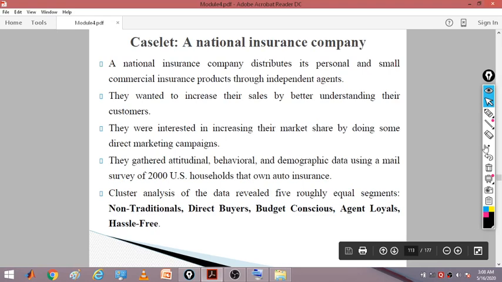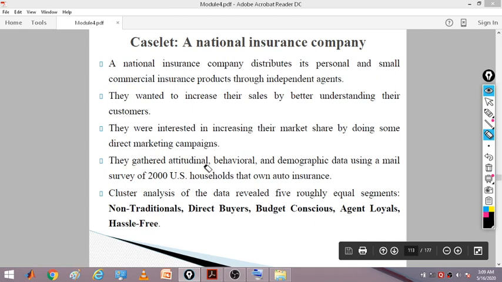Take an example. An insurance company distributes its personal and small commercial insurance products through independent agents. They wanted to increase scale by understanding their customers, and to increase market share through a direct marketing campaign.